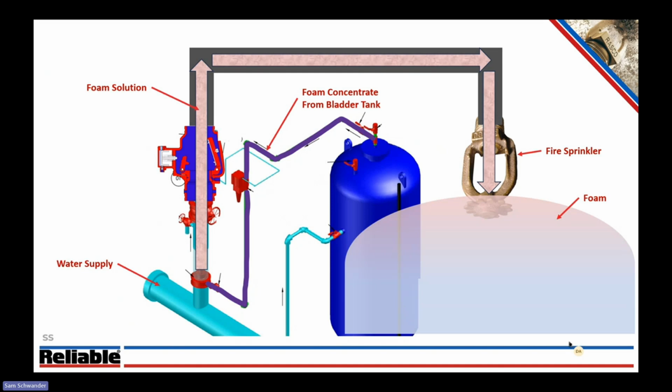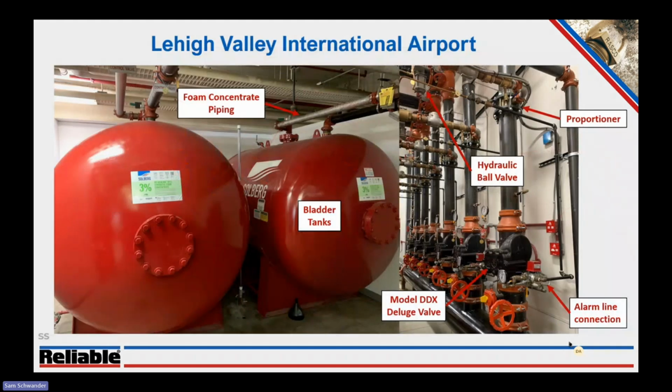So if we step back, looking at that Lehigh Valley International Airport example, it just helps to look at those components in the real world. So obviously we have that DDX deluge valve, that alarm line at the bottom right hand of that photo where you can see that red water flow pressure switch. Off of that is where we're going to pipe our alarm line to the hydraulic ball valve, which you can see at the top left of the photo on the right.